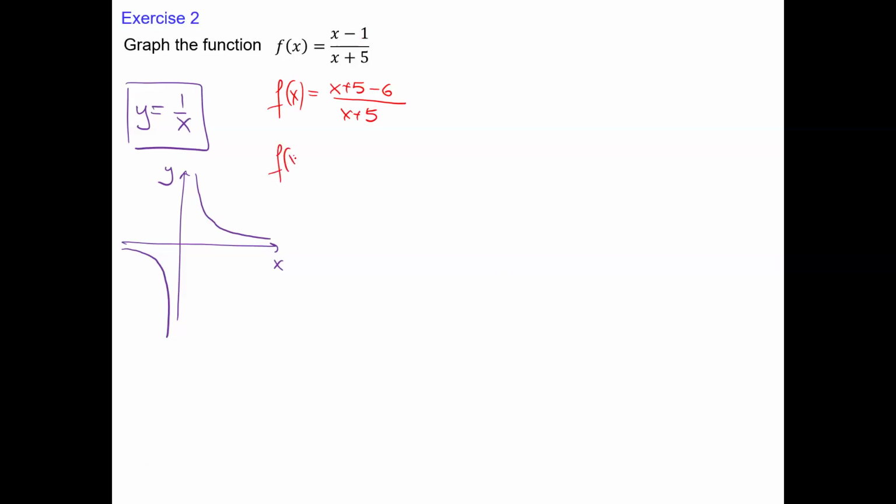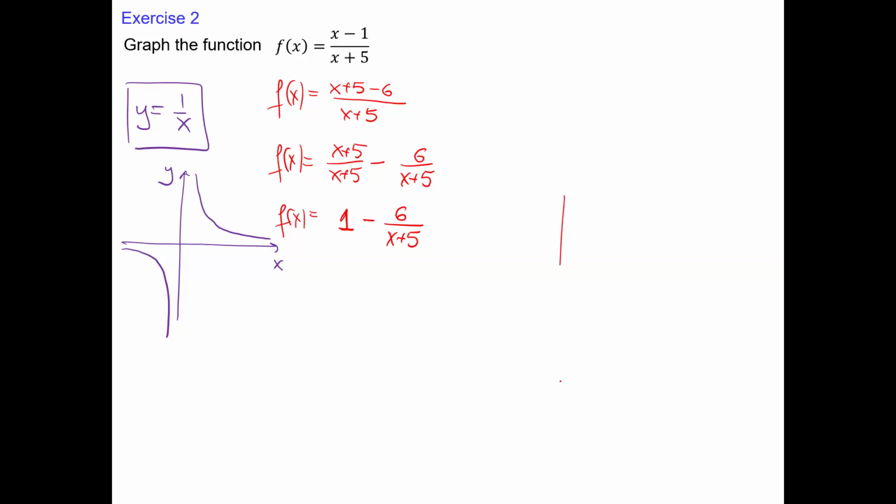But now we will have x plus 5 over x plus 5, which is 1, and then negative 6 over x plus 5. Then we have 1, as we can see, we will lift everything by 1 unit, and then multiply by 6, the purple function, and then adding a number to x, x plus 5, we will shift 5 units to the left. Yes, when we are adding, we're shifting to the left.